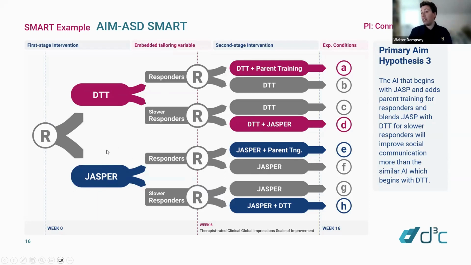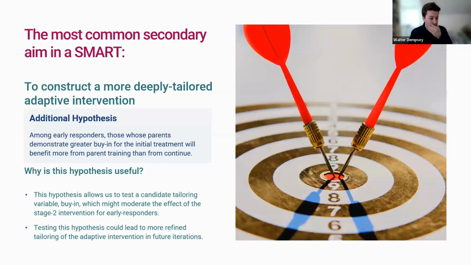Often when people ask these type of primary aim hypothesis 3 questions, it's either comparing an intensive strategy from option DTT to an intensive strategy under Jasper, or it's comparing the most expensive adaptive intervention to the least expensive adaptive intervention. So there are different types of comparisons you might want to do, and those will guide this primary aim hypothesis 3.